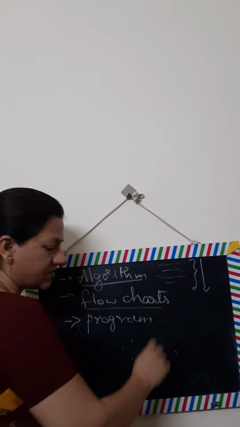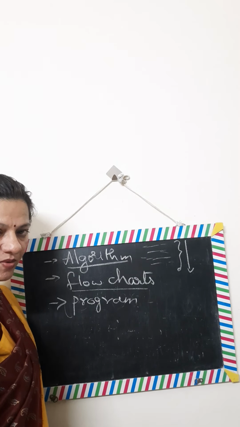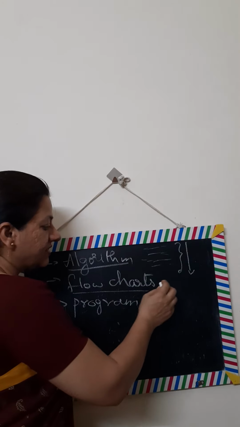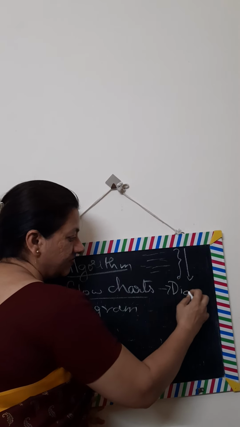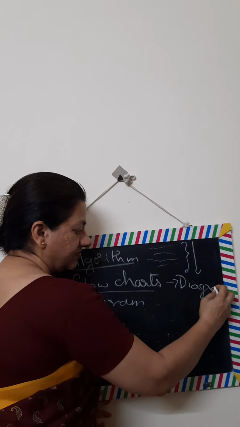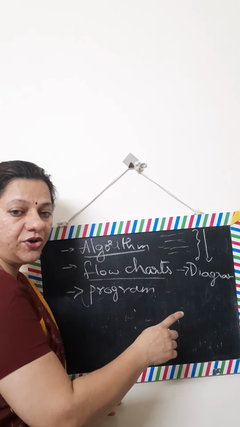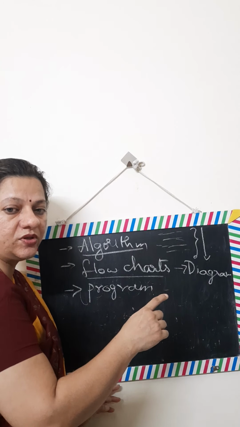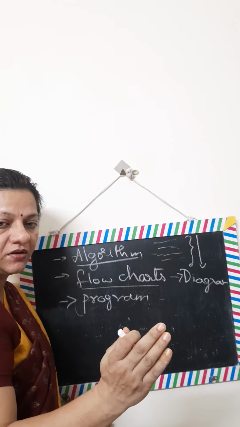Coming to the flowcharts, a picture speaks faster than words. You all know about it. Flowcharts are nothing but diagrams. These diagrams are going to show you how the particular flow of the program is going to be.